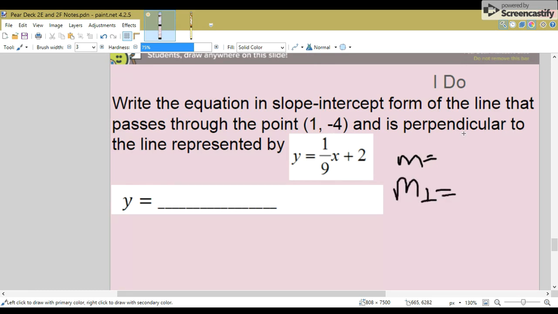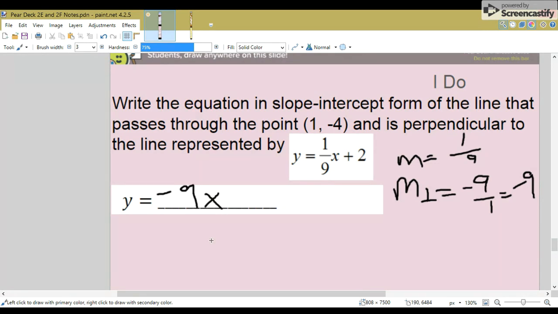Our slope is 1/9. To find the perpendicular slope, we flip the fraction and change the sign. So it's -9 over 1, also known as -9. So y equals -9x plus something.